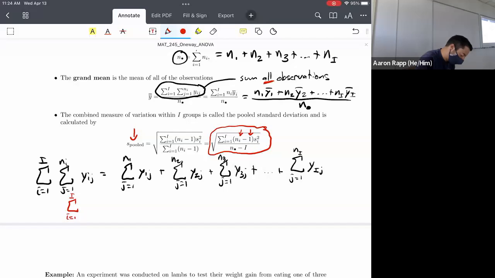And then just to break this down, that summation notation there inside that square root is just saying, okay, for the first group, take its sample size, subtract 1, multiply it by its standard deviation squared. I'm going to add it to the second group, sample size minus 1 times its standard deviation squared.